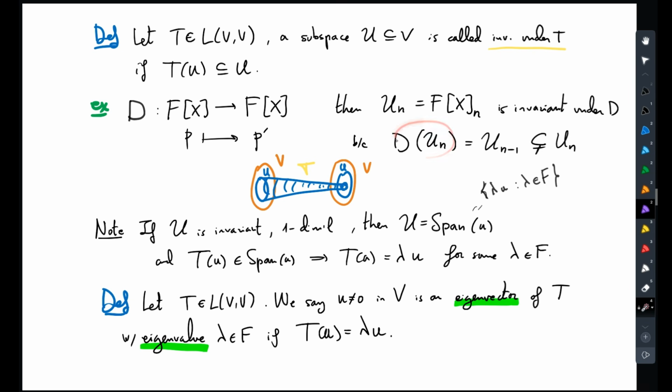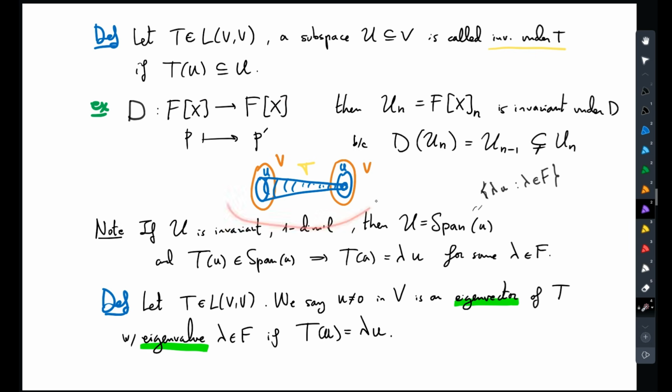So I actually get the space of all polynomials of degree less or equal to n minus 1, which is contained, not equal, but contained in U_n. So this U_n is a linear subspace that is invariant under the transformation D.